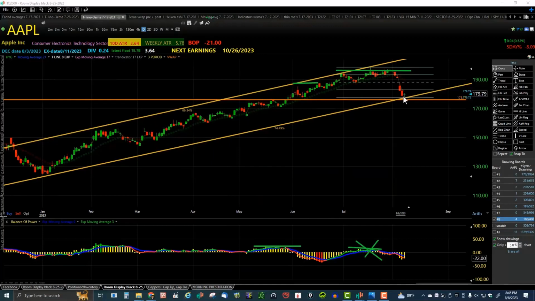It comes tumbling down because the balance of power is telling you that it didn't make the higher high than this high here. It made a higher high here, see? But it didn't beat that high in the balance of power. So it's telling you there's a negative divergence. And as you can see, it took about 30 days and then it came tumbling down. You see how that works?